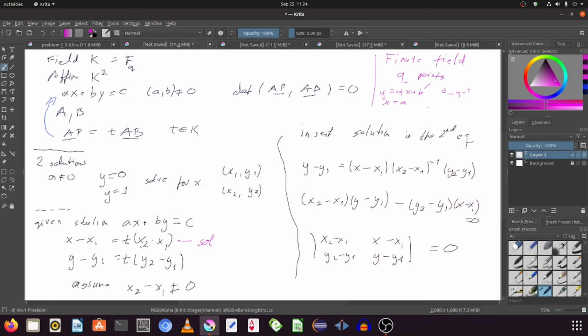That's another q lines. So this should be the number of lines. And one line has q lines parallel with it. So the parallel axiom is fulfilled.